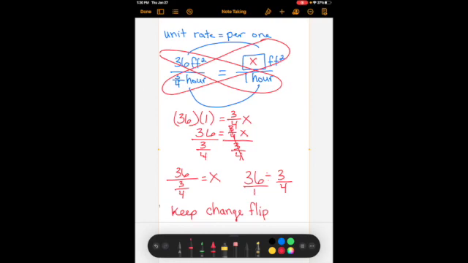I'm going to keep the 36. So this is going to be keep. I'm going to change my sign to multiplication, and I'm going to flip my second fraction.